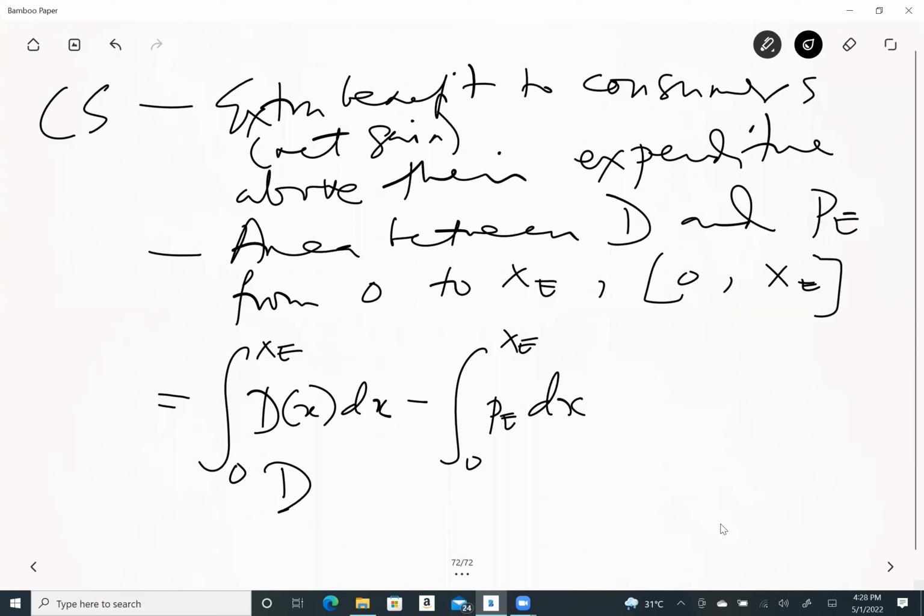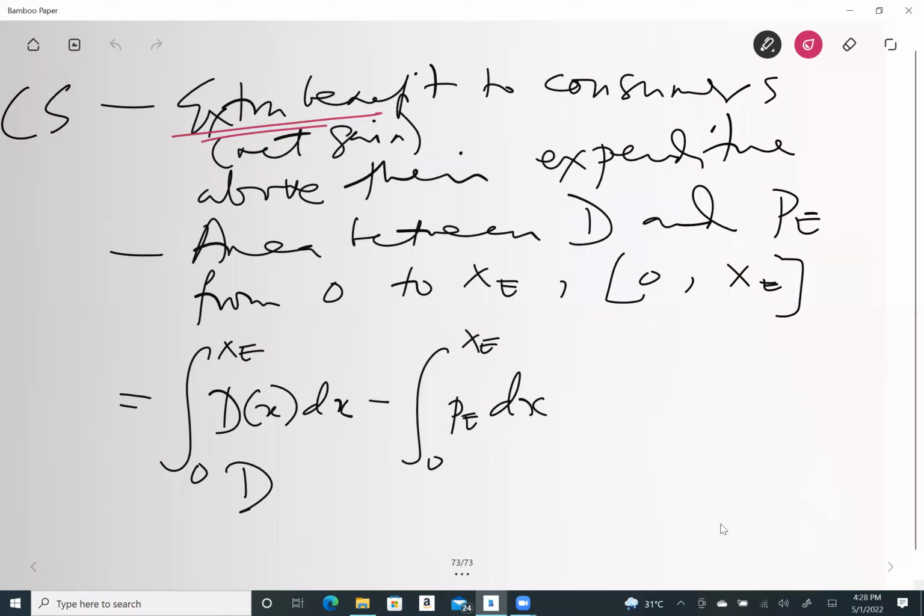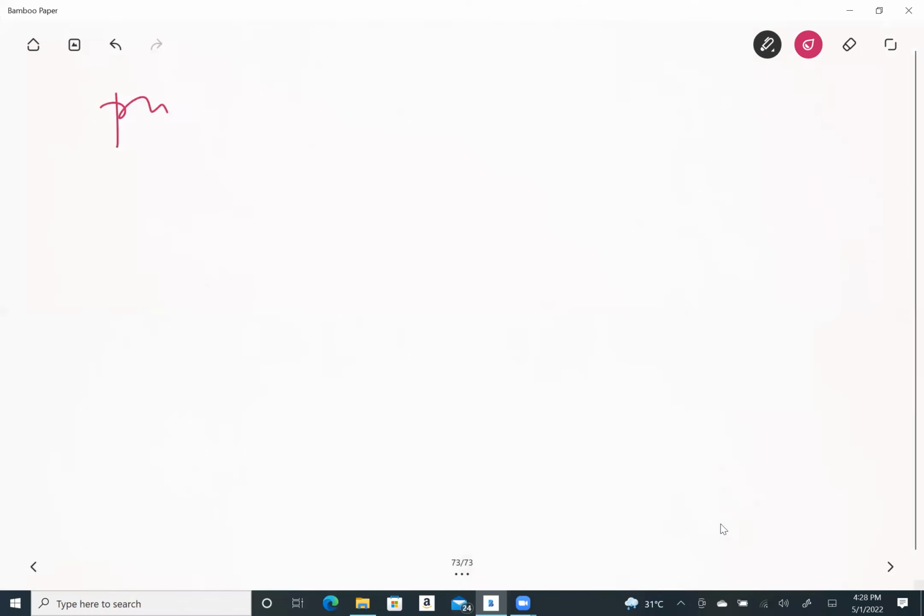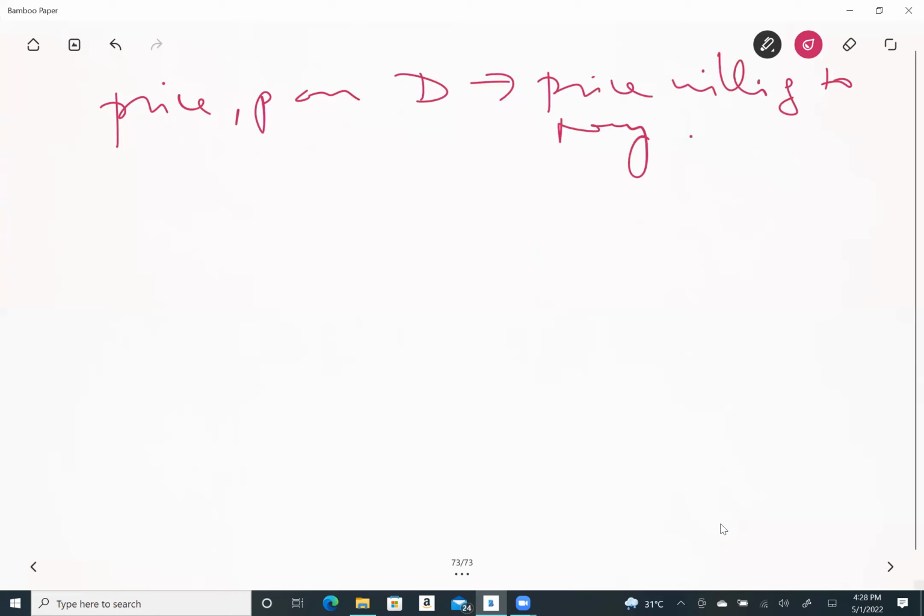Okay, I will talk a little bit about this benefit. The price on the demand function, what does it mean? It's the price we are willing to pay. How much you value it? The price I'm willing to pay for a given quantity. That is the price on the demand function.